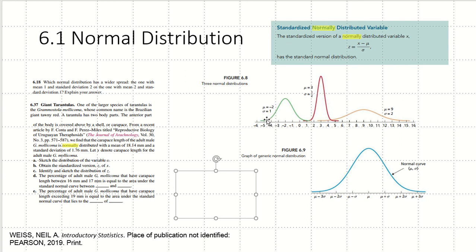Because you have a mean and you have a standard deviation, and because you have those two, you are more than capable to create this curve. The mean is going to be in the middle right here. So your 18.14 that's given to you, you'll put that in the middle right here.